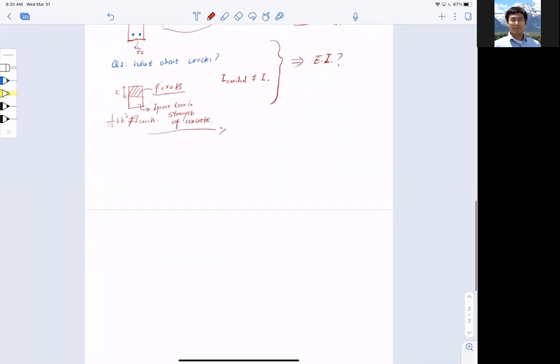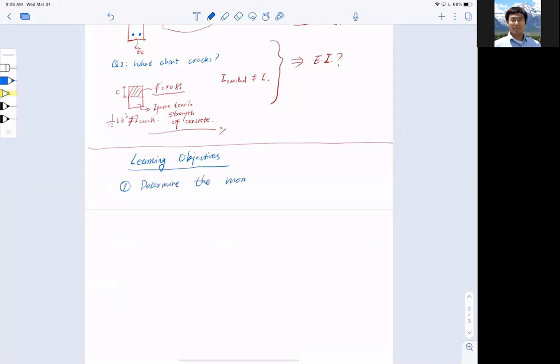All right, after all this long introduction, let's take a look at the learning objectives, what we're trying to learn. These are the problems that we're going to make our exam by. So one, we want to determine the moment of inertia for the uncracked transformed section.